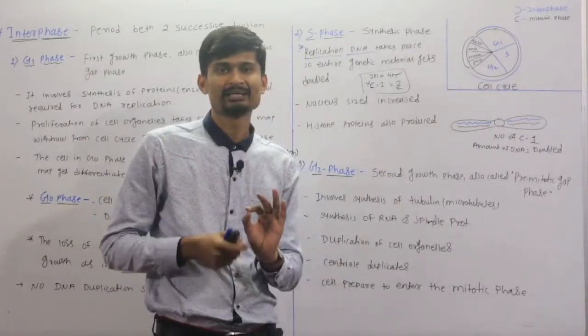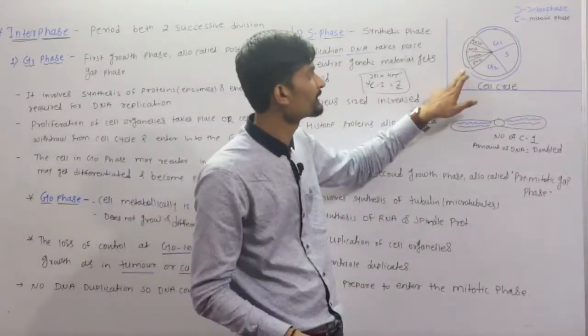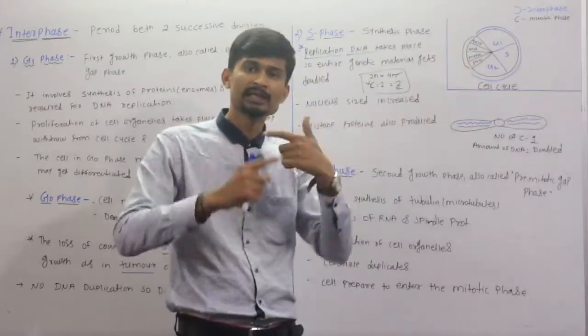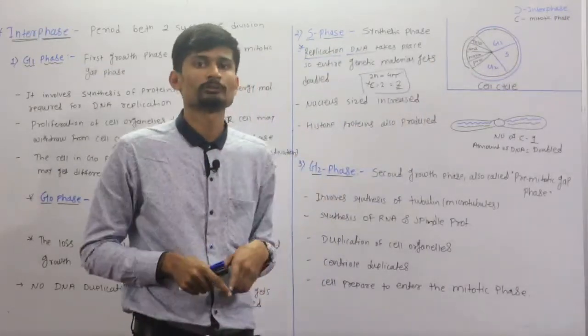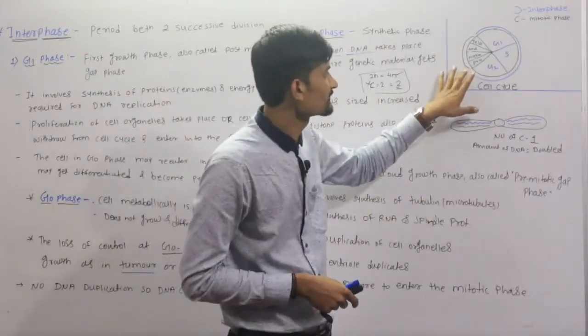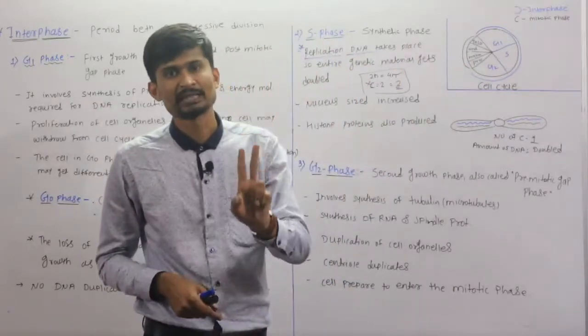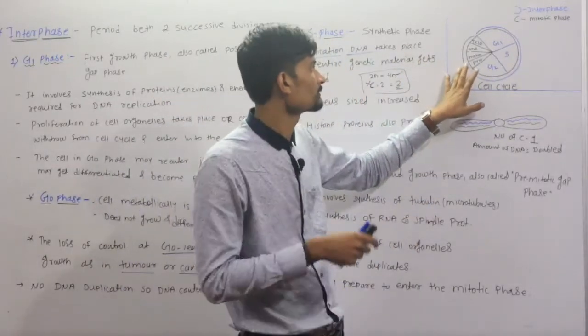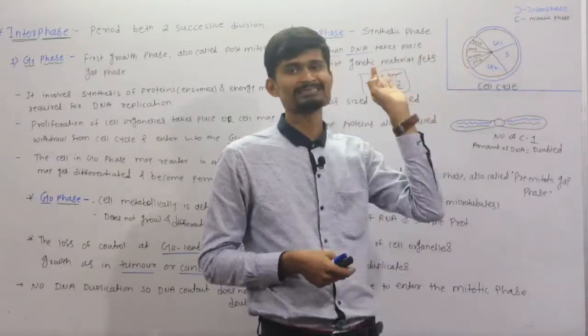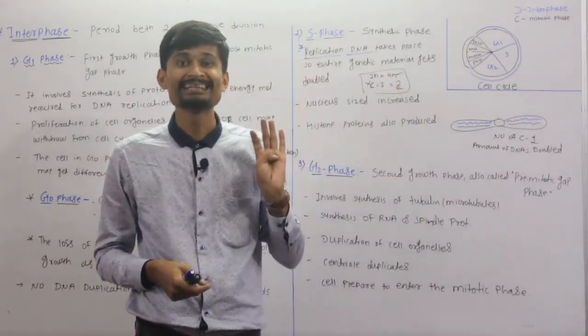After the preparation the cell enters the M phase, that is the mitotic phase, and then starts the actual process of cell division. The first step is prophase, the second is metaphase, the third is anaphase, and the fourth is telophase.